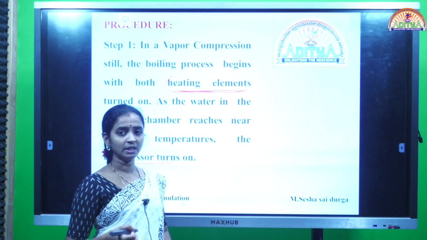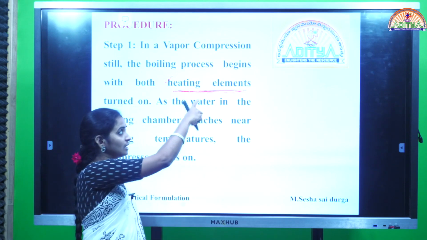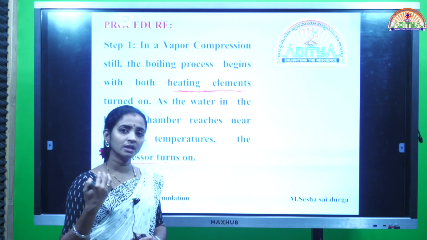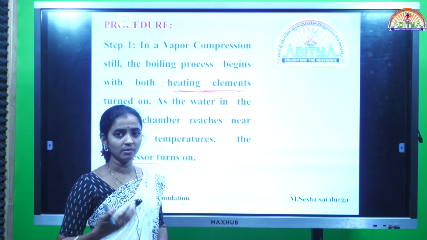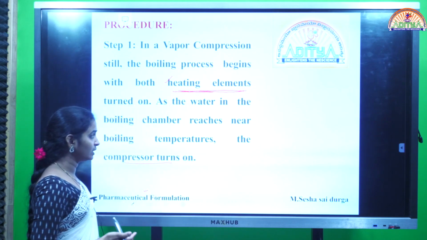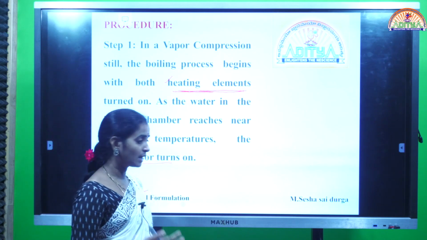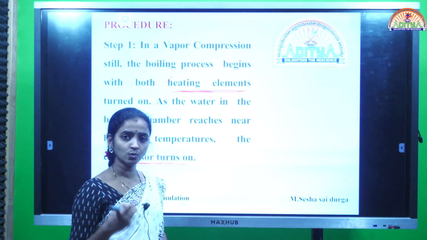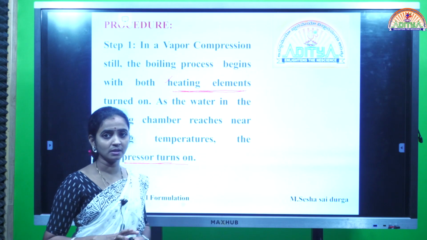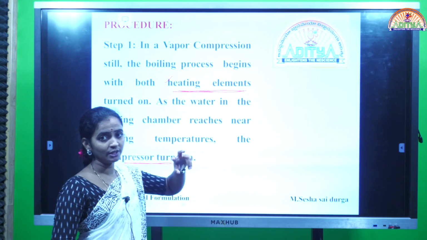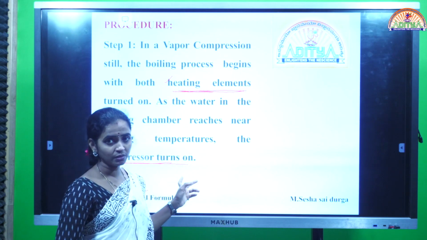So when the heat is applied with the help of the heating elements, the water will start boiling, and when it reaches the boiling point it gets immediately vaporized. It starts the vaporization process. So when it is vaporized, then inside the equipment the compressor will be there. The compressor will be switched on, meaning automatically the system will work. First heating elements will work, after the boiling of the water the compressor will be switched on.